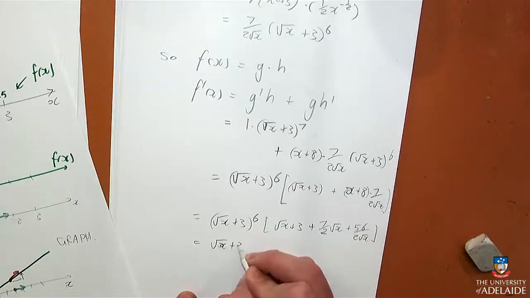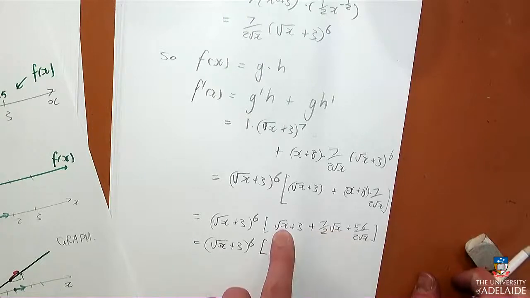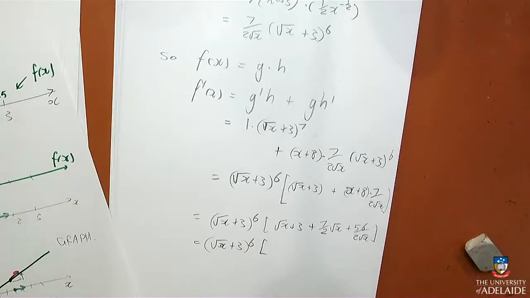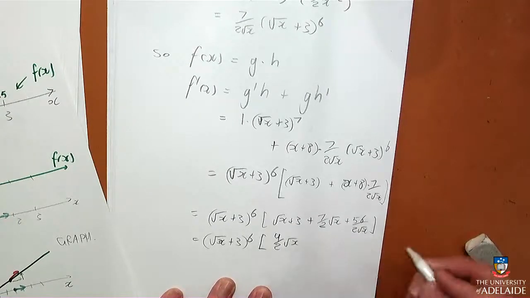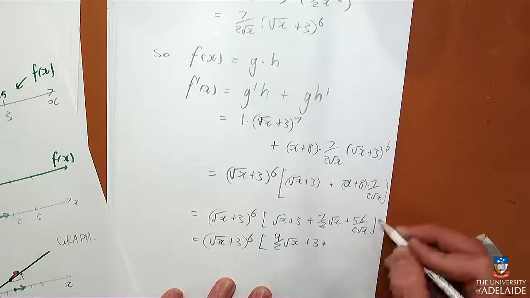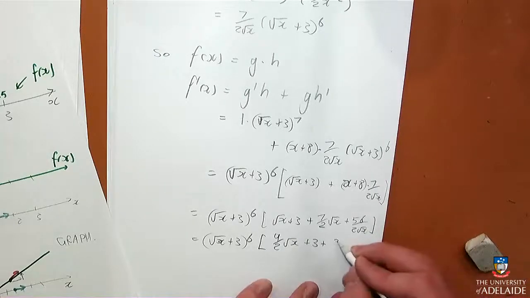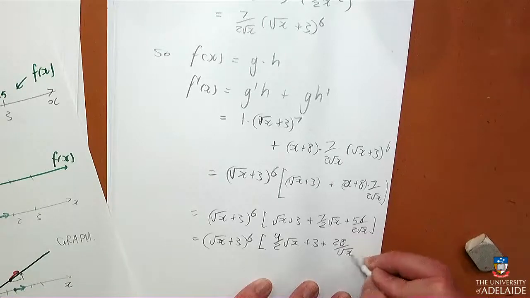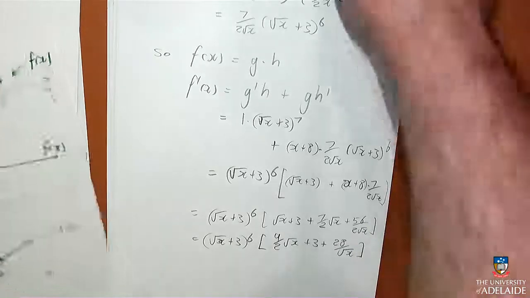I really should have left it the way it was before probably, but I'm committed now. 7 over 2 plus lots of root x plus 1 lot of root x. 1 lot of root x is 2 over 2, so we get 9 over 2 root x plus 3, and 56 divided by 2 would be 25 plus 28. All right, well, not too bad. Not too good either, but it was pretty yucky to begin with, I suppose.